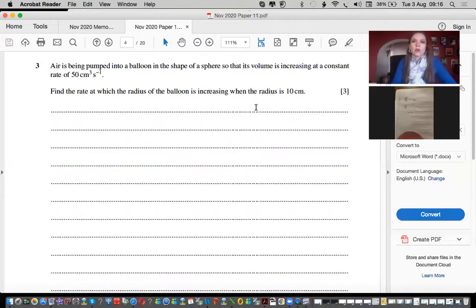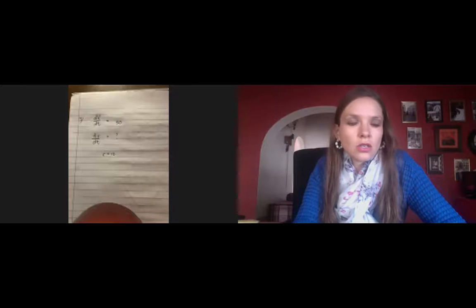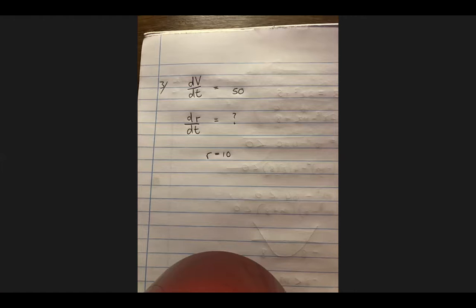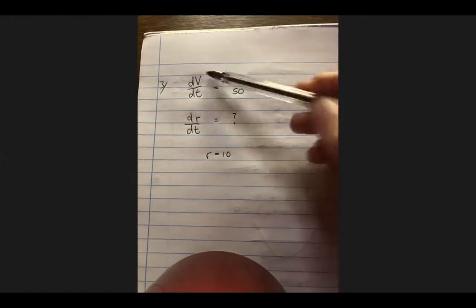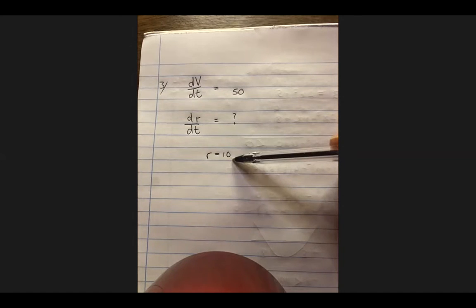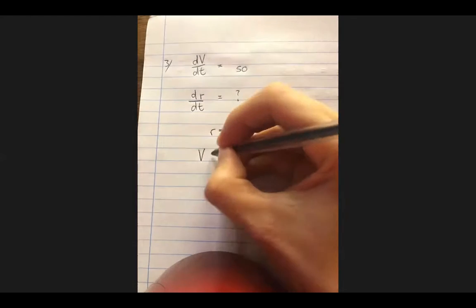Okay, so just from the reading, I've got this. dV/dt is 50, dr/dt unknown, and r is 10. So what I was thinking of doing, something that we need to know from our formula sheet, is the volume of a sphere. So I'm just going to quickly check the Cambridge formula sheet.